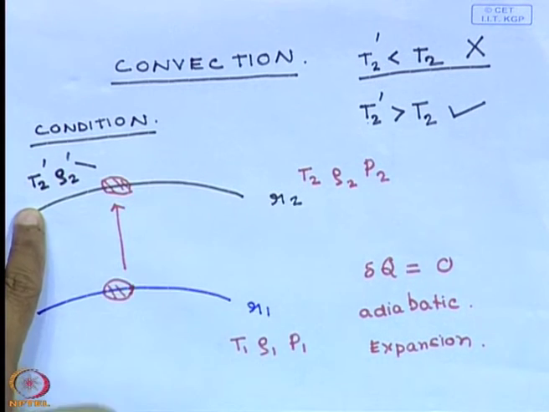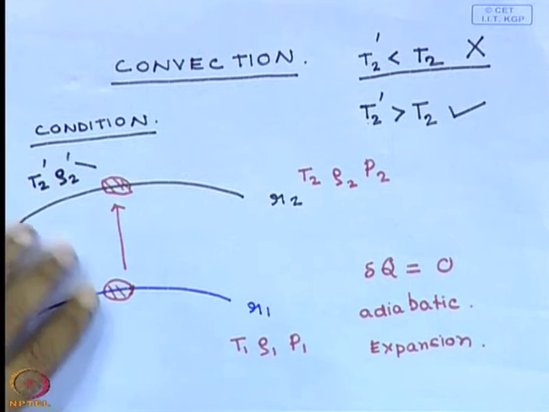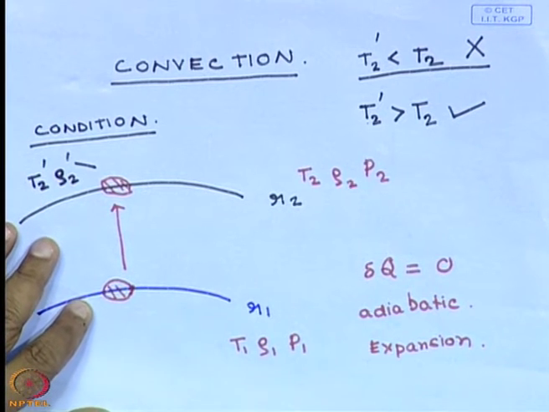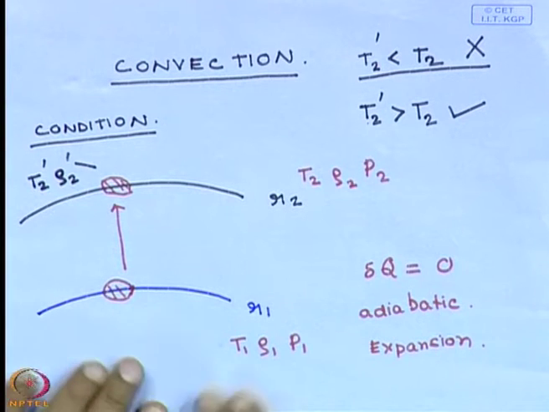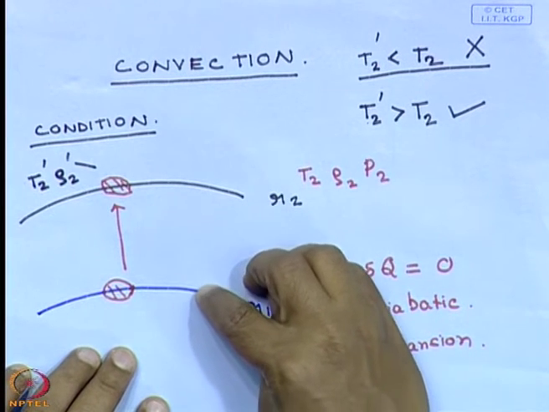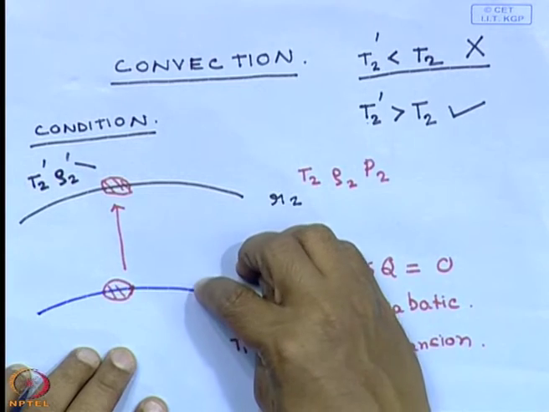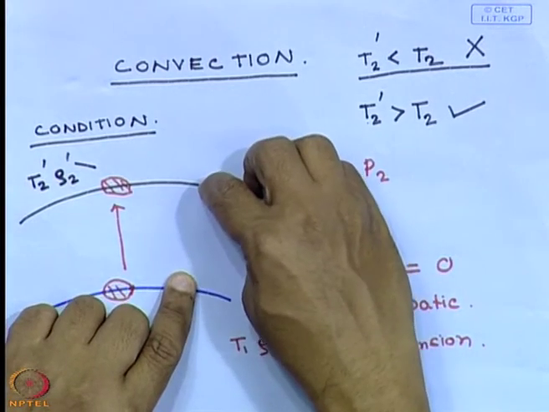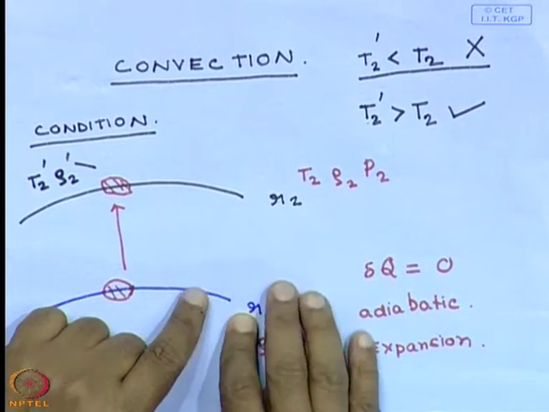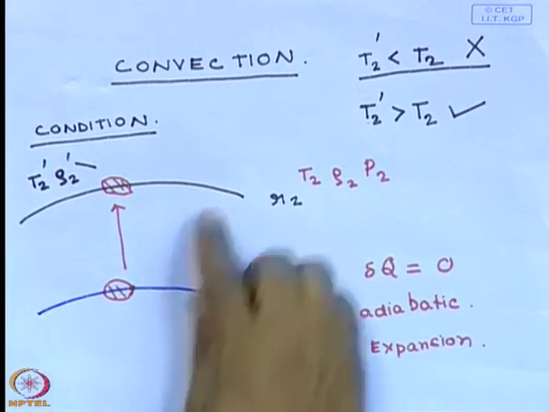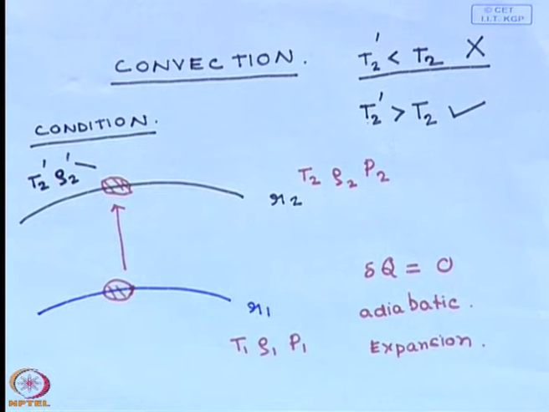This is the condition for convection in general. Okay. And in this case, the temperature profile of the bubble and the surrounding temperature are both determined by the radiative transport of energy.